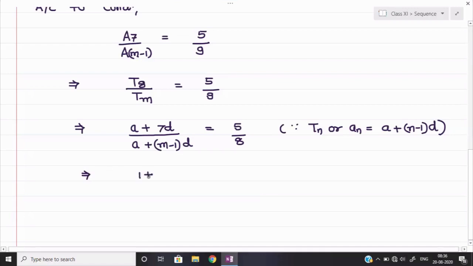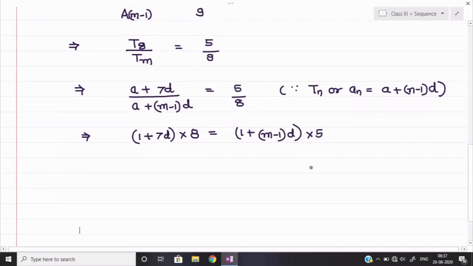So 1 plus 7d, multiplied by 9, is equal to 1 plus m minus 1 into d, and then the whole multiplied by 5. Now let us multiply inside the given terms. So this will become 9 plus 63d is equal to 5 plus 5m minus 5 into d.